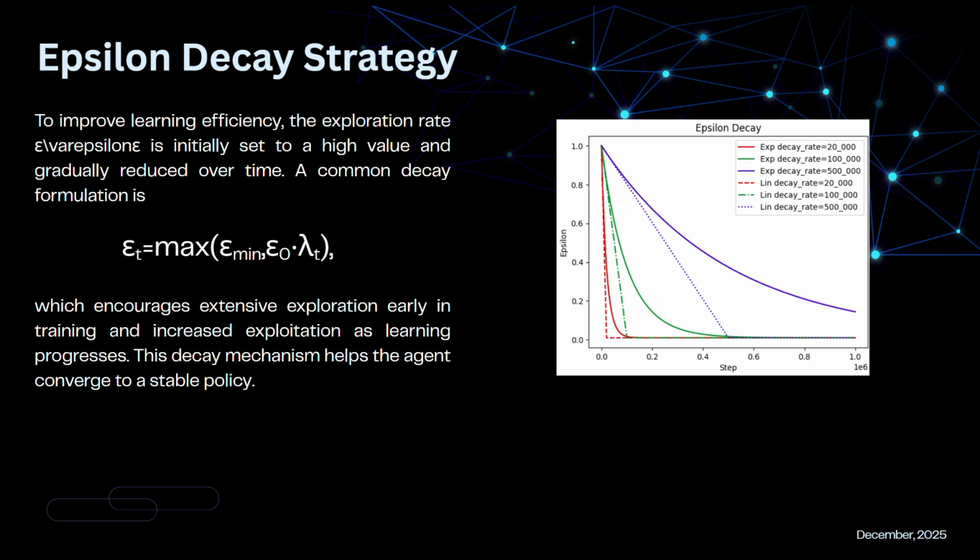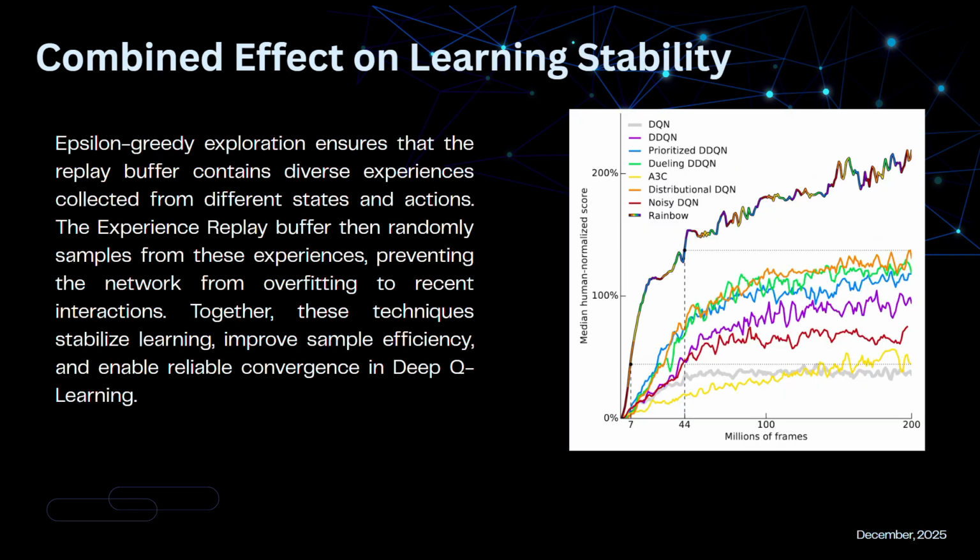A common decay formulation is that the epsilon greedy exploration rate equals the maximum between a minimum exploration value and an exponentially decayed initial exploration rate over time, which encourages extensive exploration early in training and increased exploitation as learning progresses. These decay mechanisms help the agent converge to a stable policy.